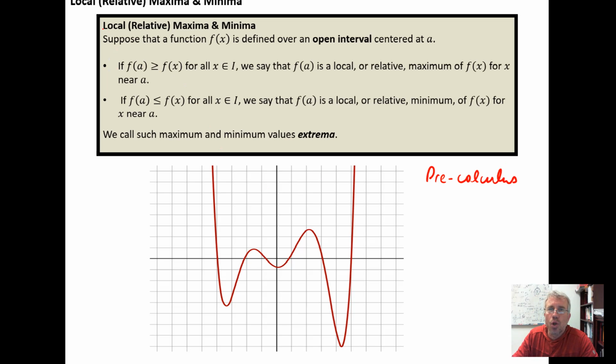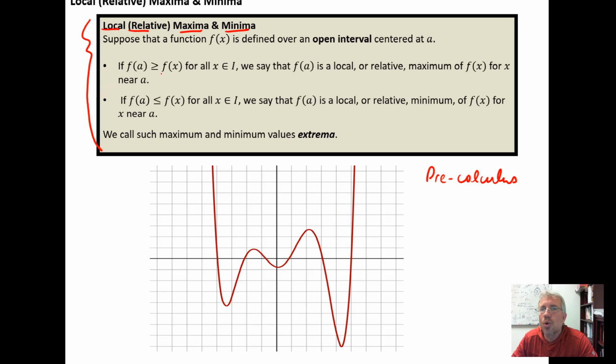You learned about local maxima and minima, or relative maxima or minima, and these were used as synonyms. And this summary slide right here comes right from a pre-calculus lecture PowerPoint.